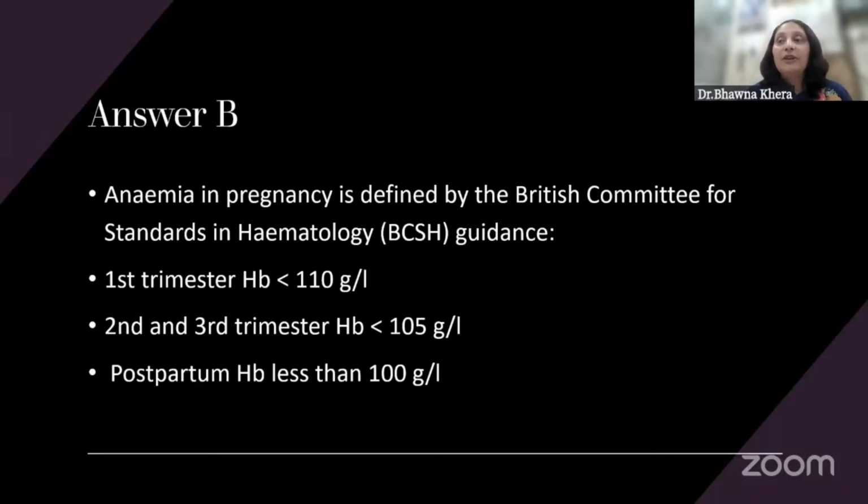And postpartum hemoglobin is less than 100. So first trimester, hemoglobin less than 110 grams per liter. See, here the values are grams per liter. If you take them as grams per deciliter, then it becomes 11, 10.5, and 10, right? So that's how it is.